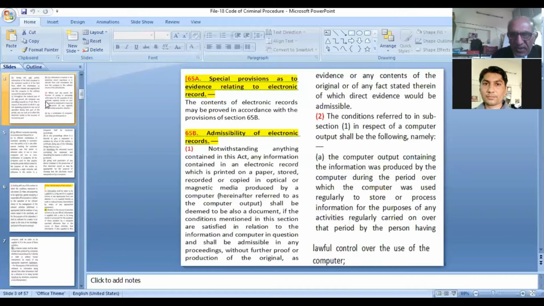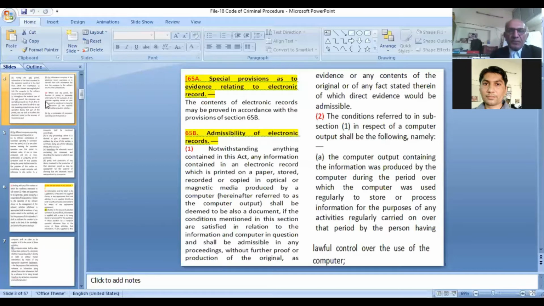So these two terms, document in this context and computer output in this context, as clearly and explicitly pointed out in this clause, shall be deemed also a document if the conditions mentioned in this section are satisfied in relation to the information and computer in question, and shall be admissible in any proceeding without further proof or production of the original as evidence, or of any contents of the original or of any fact stated therein of which direct evidence could be admissible.